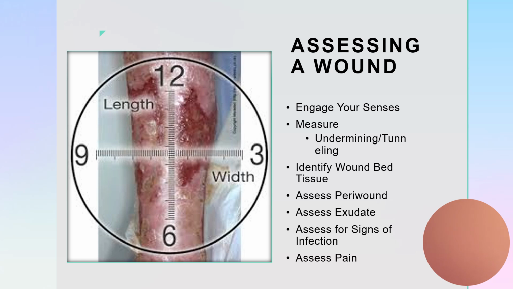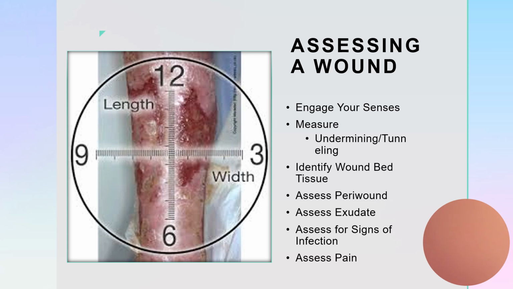Never go counterclockwise. For example, if we say that there's undermining from 12 to 3, that is much different than saying we have undermining from 3 to 12. So always go in a clockwise manner.